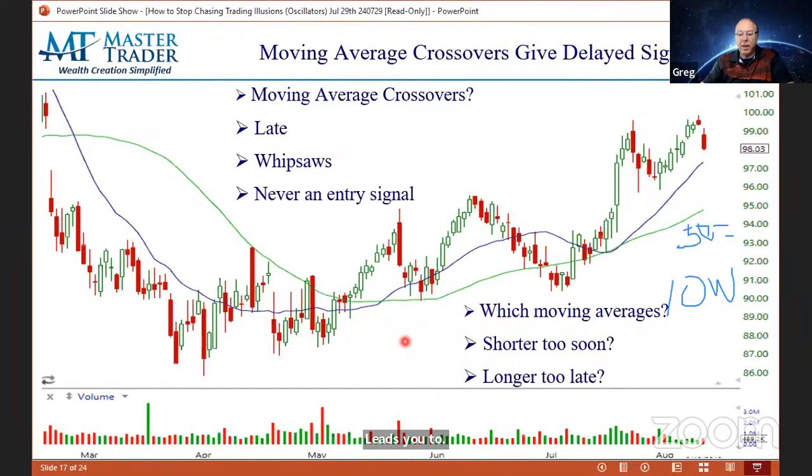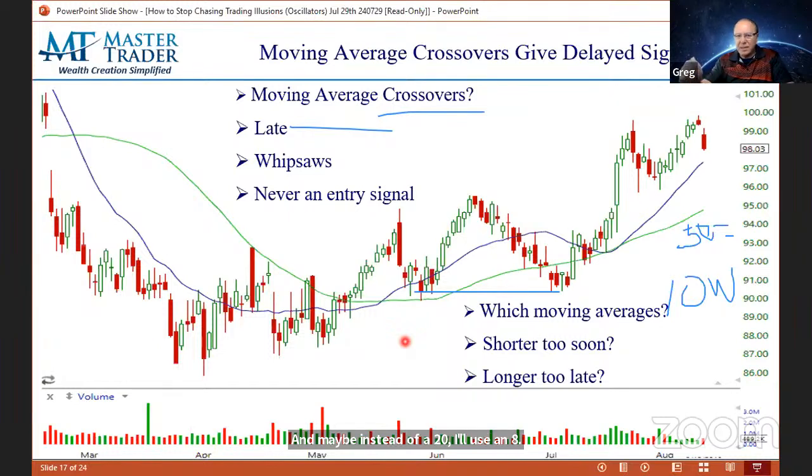Now, buyable where? Well, look to the left. Where's the support? So it's not about the crossovers. Those are late. And then you might say, well, I need faster moving averages, I need to use exponential ones, and maybe instead of a 20, I'll use an 8.